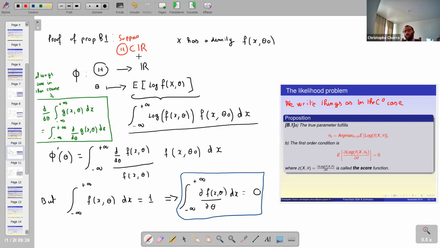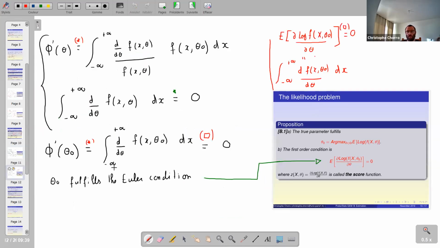What I have stated is true for any type of situation, in particular if theta is included in R to the power D. I will comment on it at the end: instead of this Euler condition, you must not forget that it will in fact be several scalar conditions. But I do the proof here for theta included in R, and I just have to compute derivatives instead of partial derivatives.